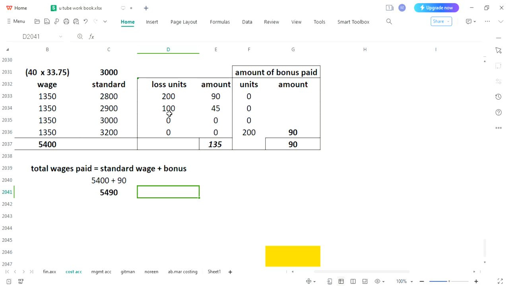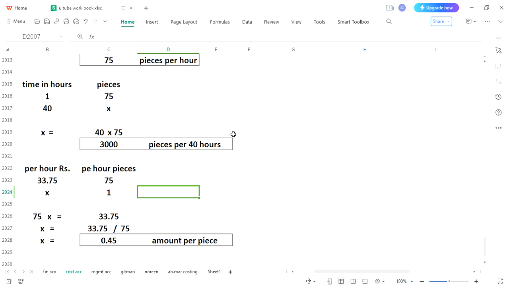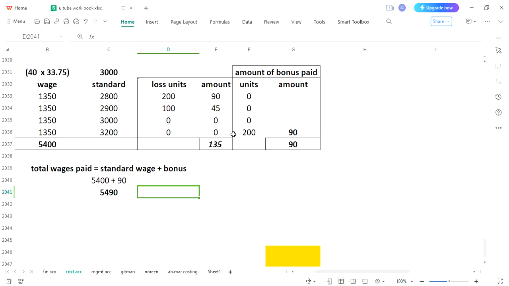were 300. Now the second requirement is also present in your question, distribution of wages earned. Out of this 5490, how much loss we have borne? As you can see, the loss is 135.